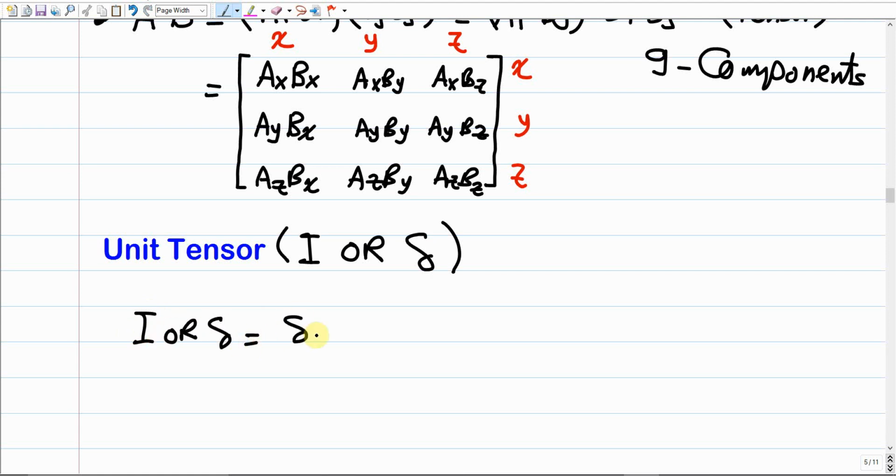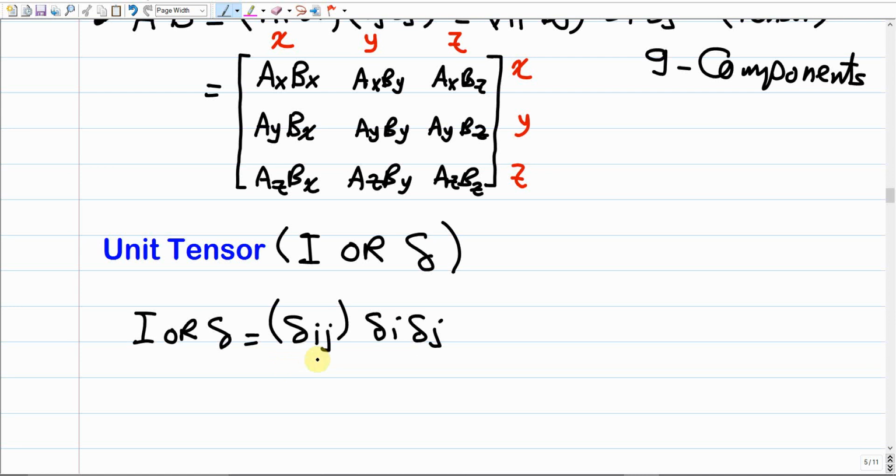This unit tensor is going to be written as delta ij. These are the components, the canonical delta: delta I, delta j. Remember that since we have delta I, delta j, delta k, delta m, any two deltas multiplied together give us a tensor. Anyway, the components of this tensor are the delta ij, which are the canonical delta.